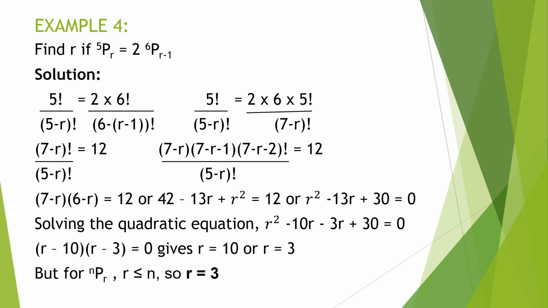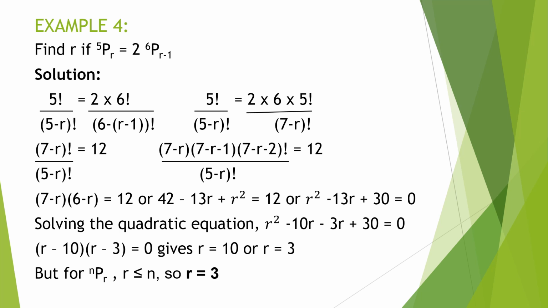So you have 5 factorial upon (5 minus r) factorial is equal to 2 into 6 into 5 factorial upon (7 minus r) factorial. Now again, as I told you, you bring r on one side. So (7 minus r) factorial upon (5 minus r) factorial is equal to 12.